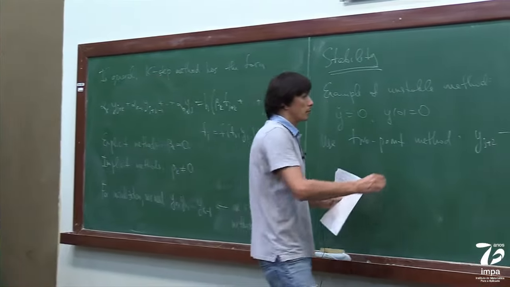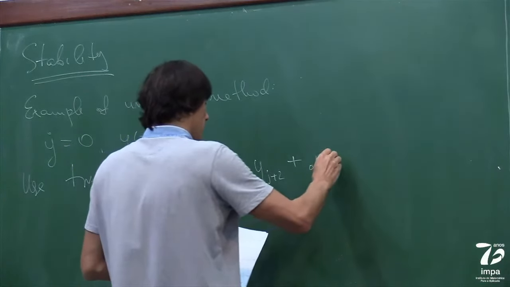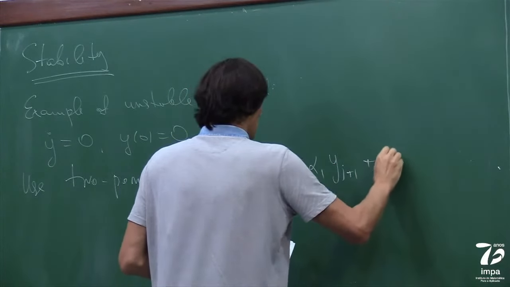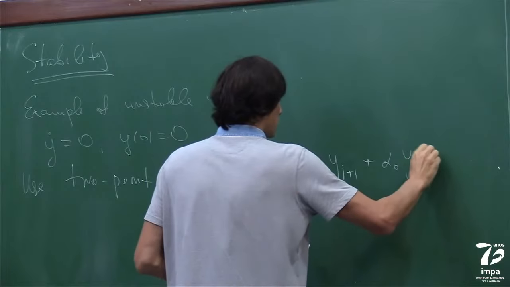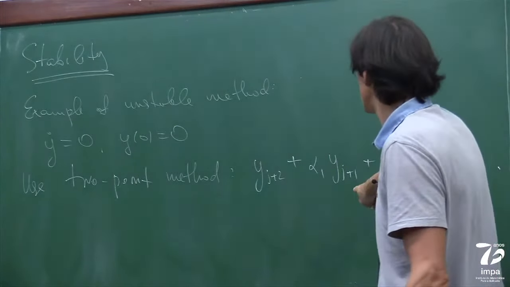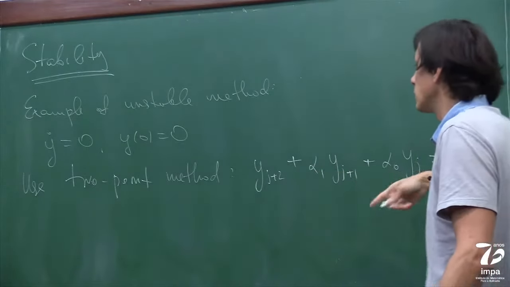So it will be plus alpha 1 y_{j+1} plus alpha 0 y_j equals 0. So this is how you compute. Having 2 points, you compute the third point, and so on.